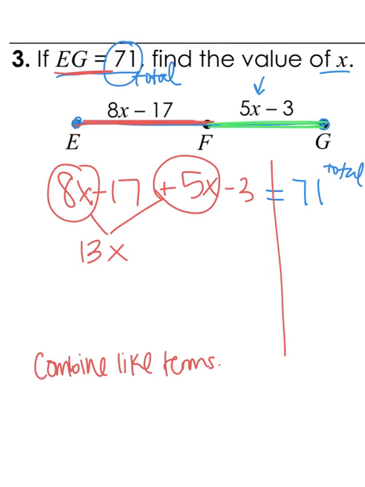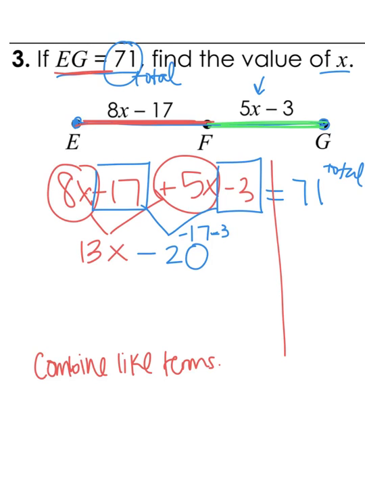And then I see negative 17 minus 3 more, so negative 17 minus 3 is negative 20. And I'm going to bring down the equal sign and the 71. After you combine like terms, now we're going to solve using inverse operations.